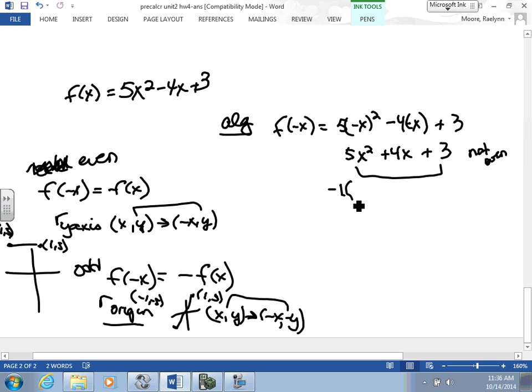If y is going to become negative, it's right here. And then look to see if the inside is the exact same as your function, which it is not. So this is not odd. If it's not odd and it's not even, we just say neither. Okay? Make sense?